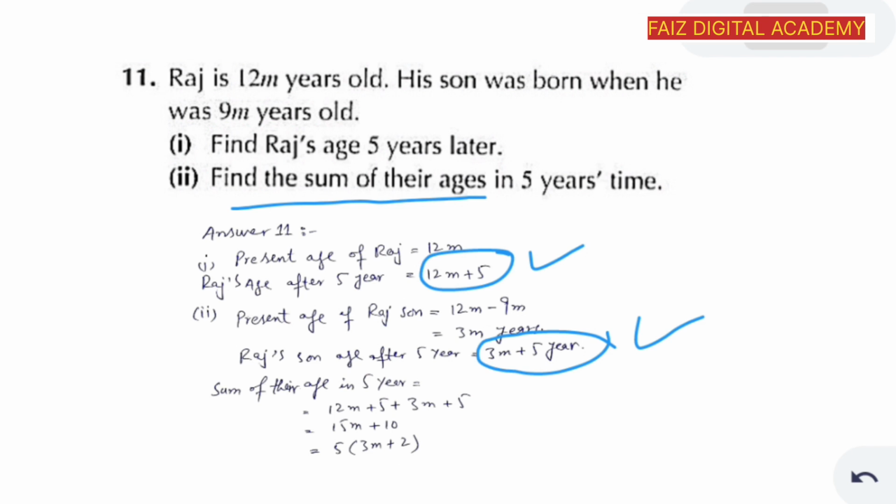So we write 12 m plus 5, that was the age of Raj after 5 years, and then we write the age of his son after 5 years, that was 3 m plus 5, and then simplify this algebraic expression. So this is how we solve different questions in which age related problems are given.